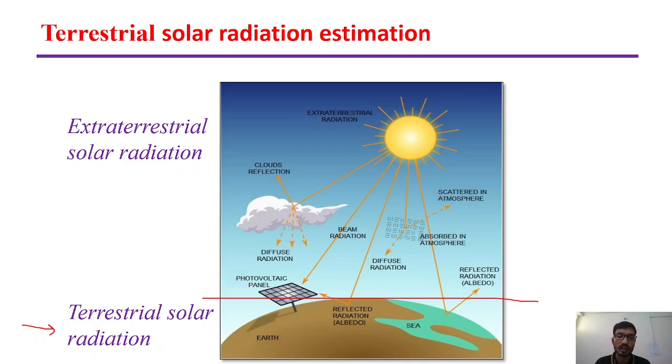The atmosphere has clouds, dust particles and other things that may refract and scatter the solar radiation. In this way we generally obtain solar radiation in two forms. One is beam radiation, which we get directly from the sun to the surface, and another is diffuse radiation, which passes through objects in the atmosphere. So while calculating the terrestrial solar radiation, we have to consider both the beam radiation and the diffuse radiation.